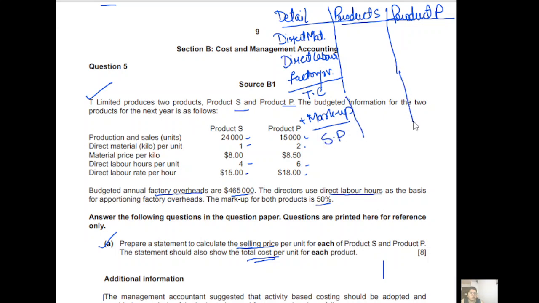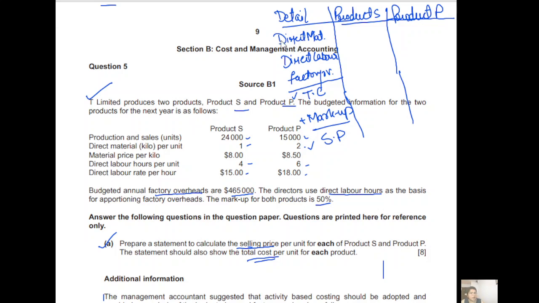So in this question they want us to find total cost and selling price, right? In part A they said to prepare a statement to calculate the selling price per unit for S and P, and in the statement you have to show the total cost for each product. So they want total cost as well as the selling price. How are you going to solve that?